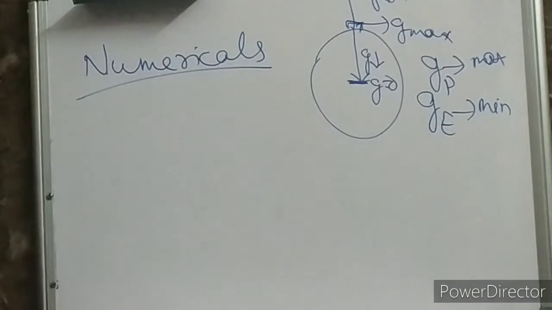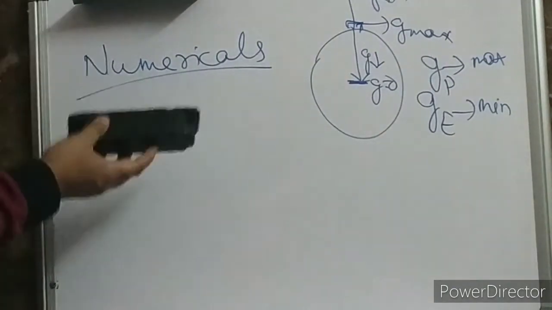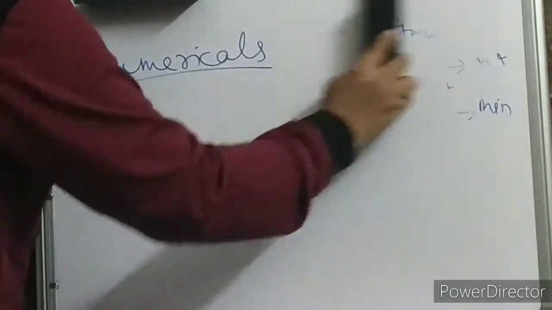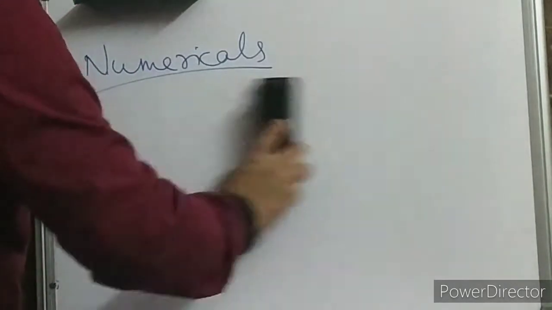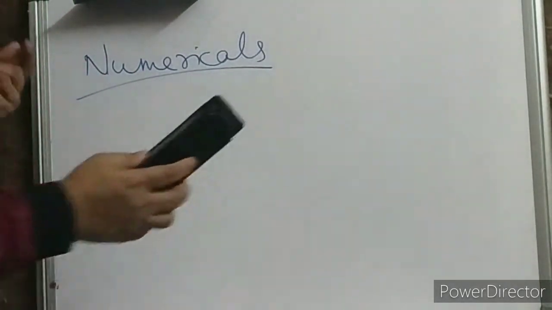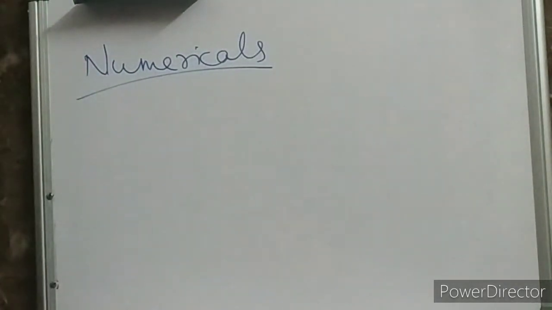This we discussed in my last lecture. So today we are going to discuss numericals. 2-3 numericals I will try to solve, and you people please solve. Even equations of motion also, and certain points to remember, that I have also discussed in my last lecture.